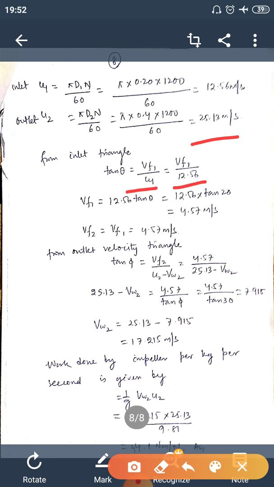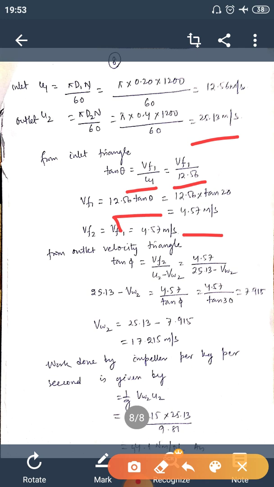So from that, Vf1 is equal to 12.56 tan theta, and you get the value Vf1 as 4.57 meter per second, where theta is 20 degrees. And we have said that Vf1 is equal to Vf2, so Vf2 is also 4.57 meter per second.